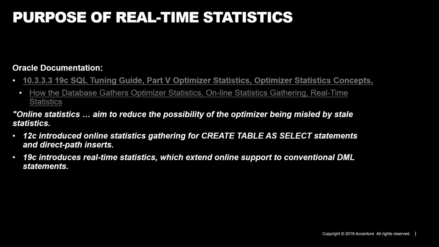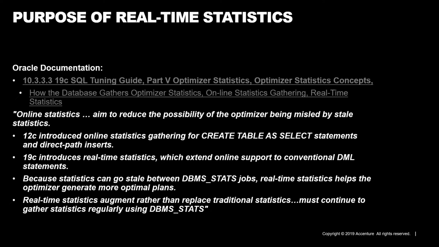Now in Oracle 12, they introduced the concept of real-time statistics for create table as select commands and for the first direct path insert into a table. And so now in 19c, they've developed that and extended it to maintain statistics on conventional path DML.